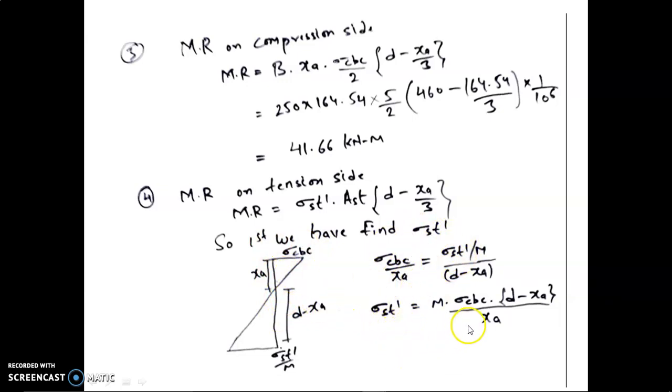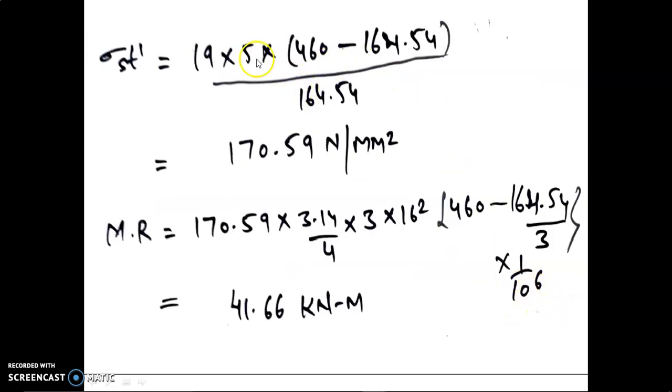Sigma st dash is equal to m sigma cbc into d minus xa upon xa, where xa is the actual depth. We have m equal to 19, sigma cbc equal to 5, d equal to 460, and xa we already found. So we put these values and we get sigma st dash equal to 170.59 Newton per mm square.